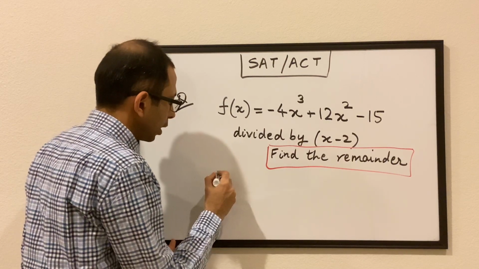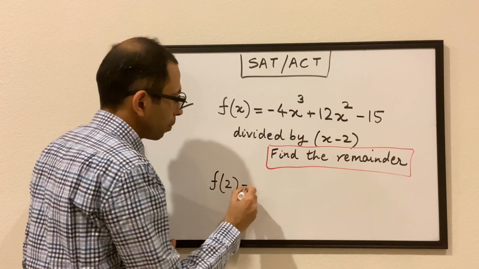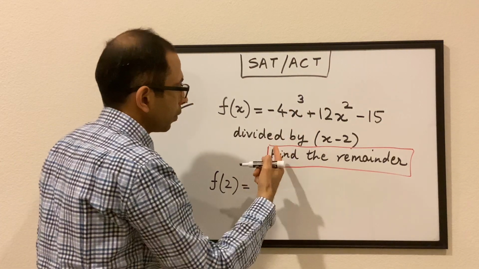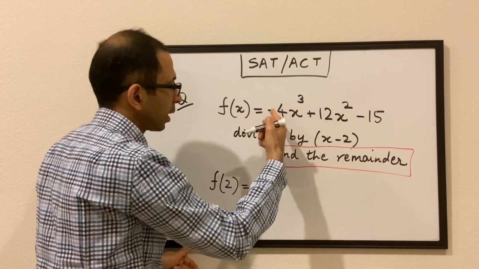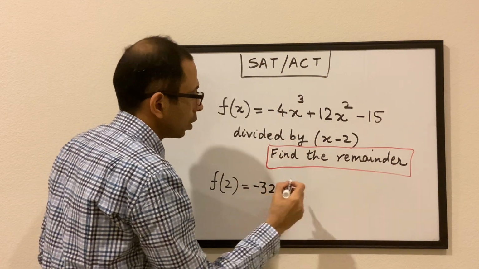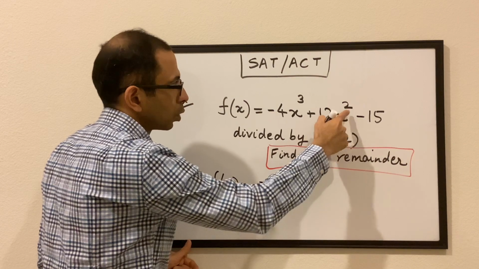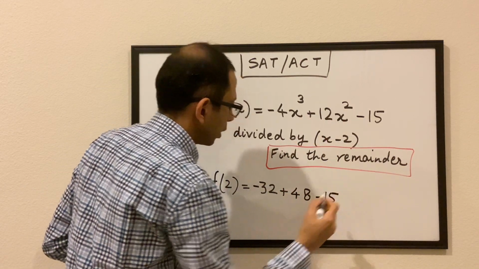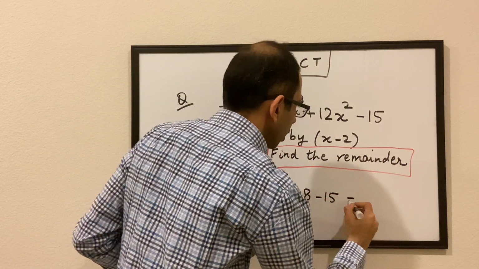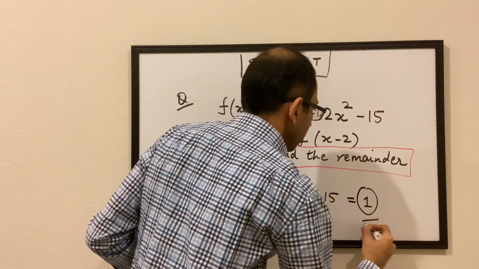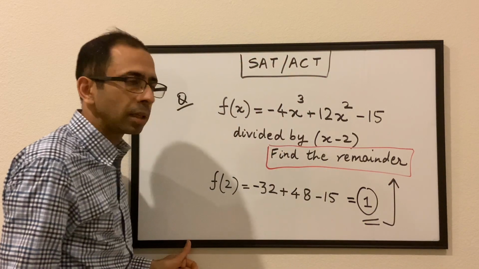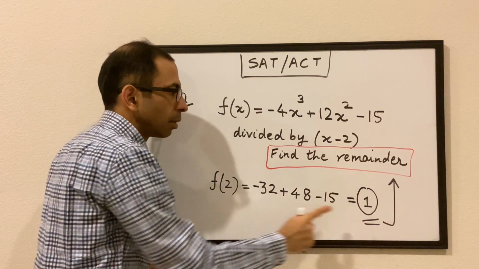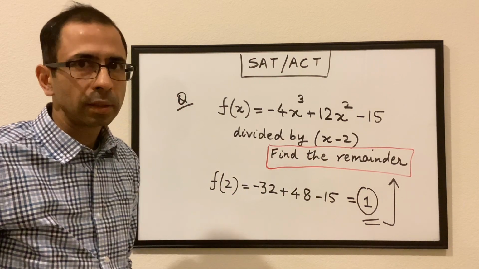So we plug in x equal to 2: 2 cubed is 8 times minus 4 is minus 32, plus 2 squared is 4 times 12 is 48, and then minus 15, which gives us 1. So when this function is divided by x minus 2, the remainder is 1.